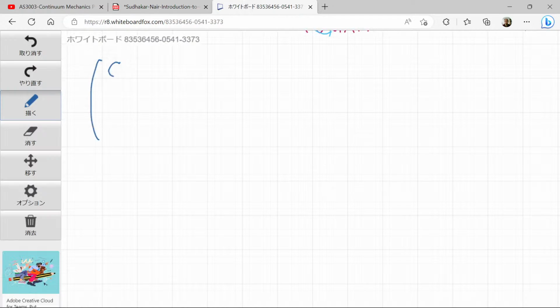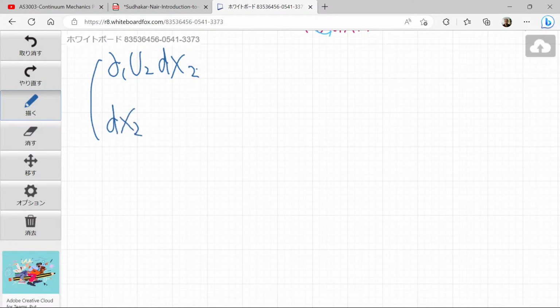This is partial 1 partial 2 dx2 plus partial 2 u2.